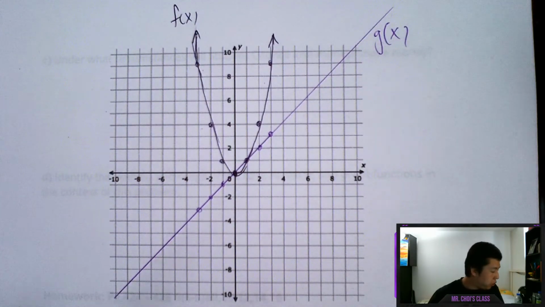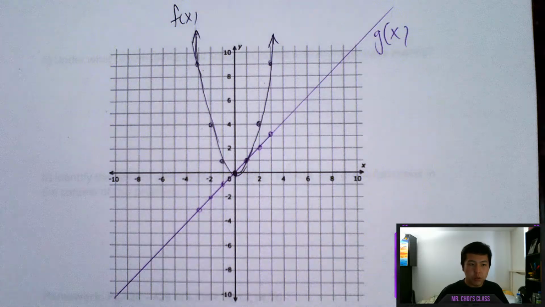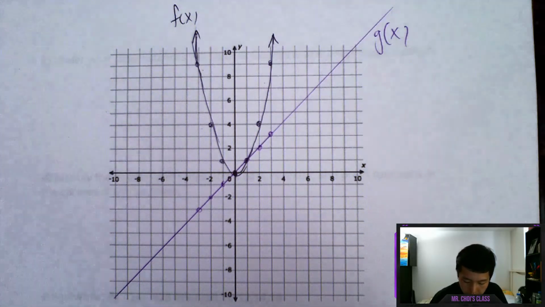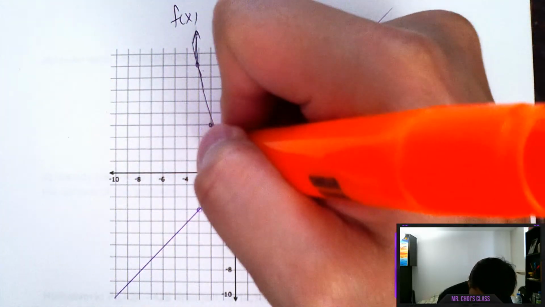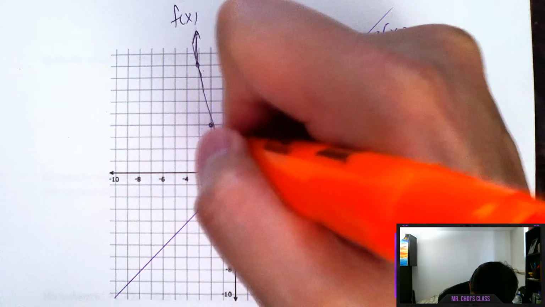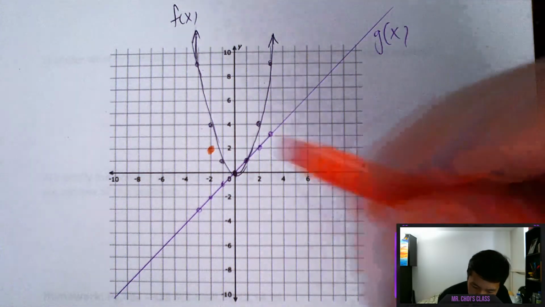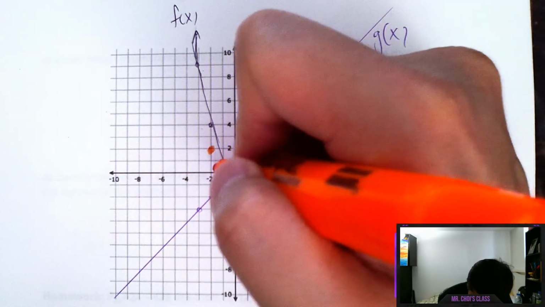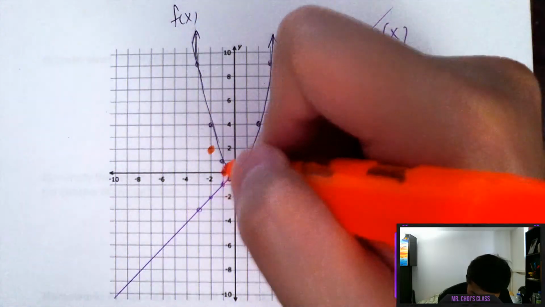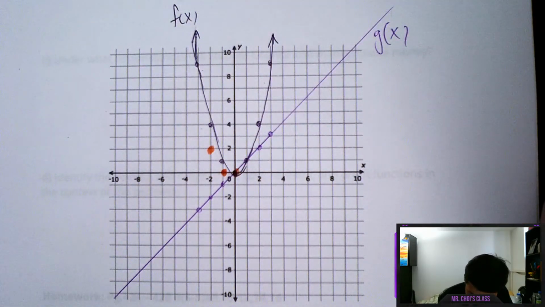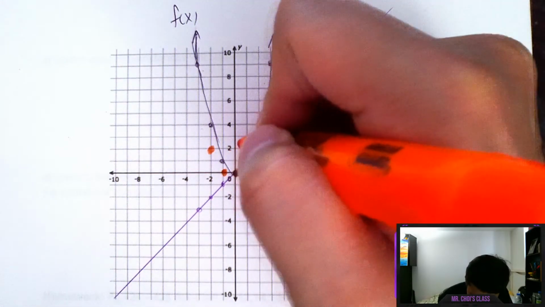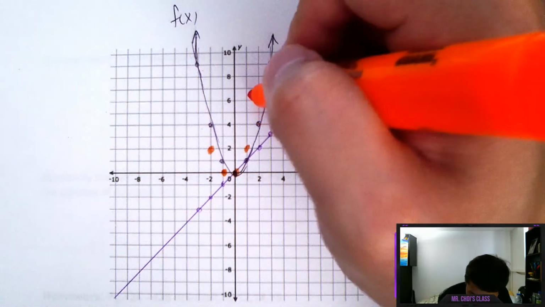And now we have to draw h of x. So h of x is -2, 2 is our first point. Then we have -1, 0. Then we have 0, 0, 1, 2, and then 2, 6.